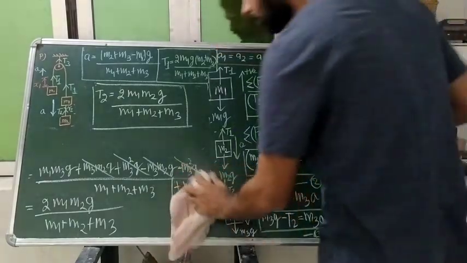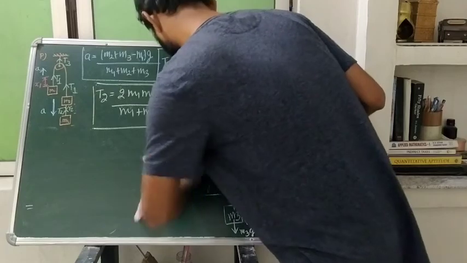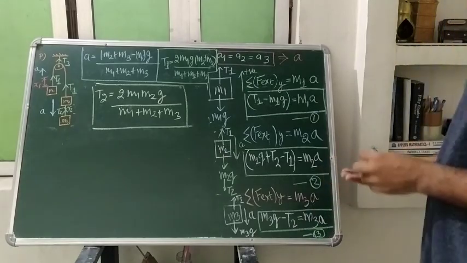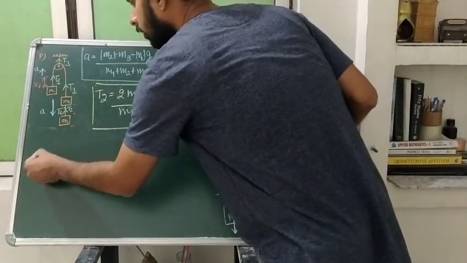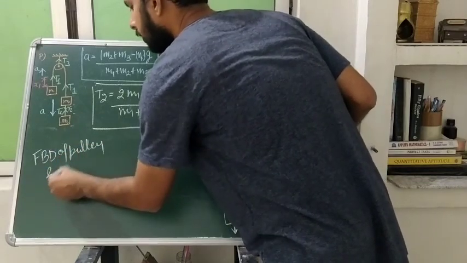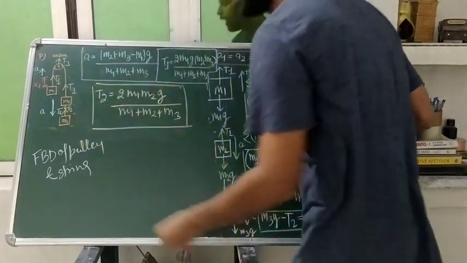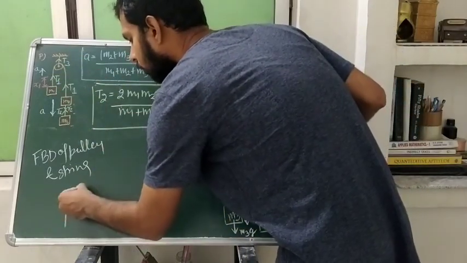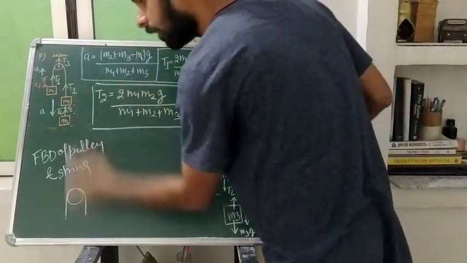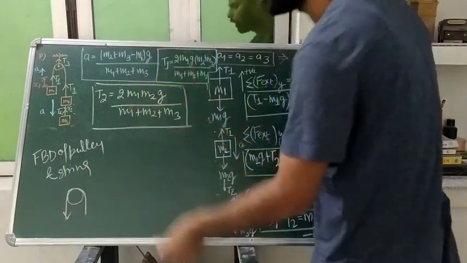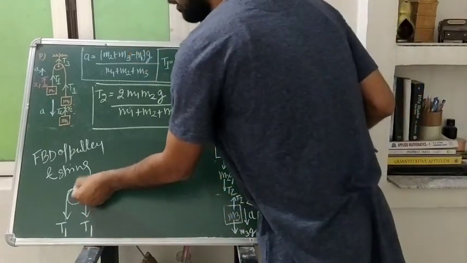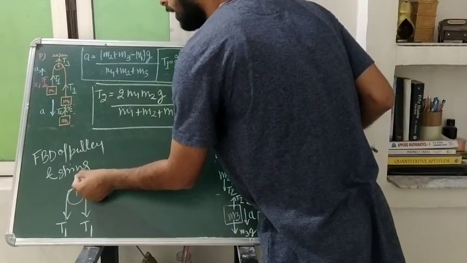Now I'm going to rub this. Okay. And of course, student, if you are drawing the FBD of the pulley and string, the FBD will tell us that whatever tension is here, when you cut the string, the tension will have that pulling effect, so it will come out here T1, here is also T1, and a T3 tension is acting in the upward direction.